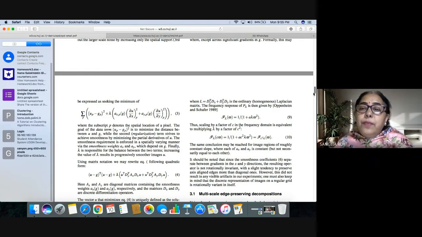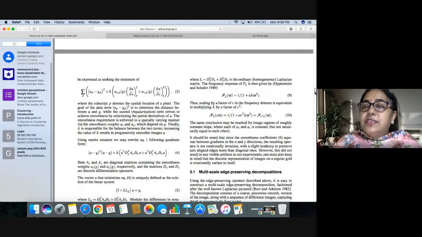Therefore, as we keep on increasing lambda, if the frequency is not changing much, the output will be almost smooth. Whereas if lambda decreases, the response will be high. So if we want to smooth the image, the lambda value should be high, whereas the lambda value should be low to get sharp changes.